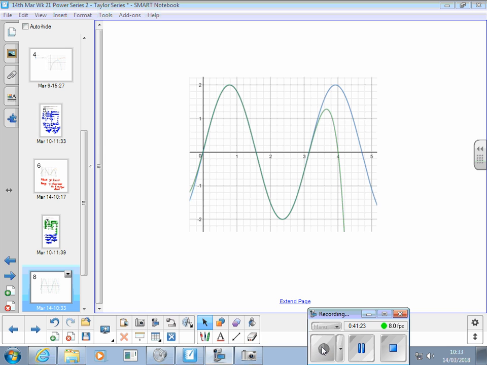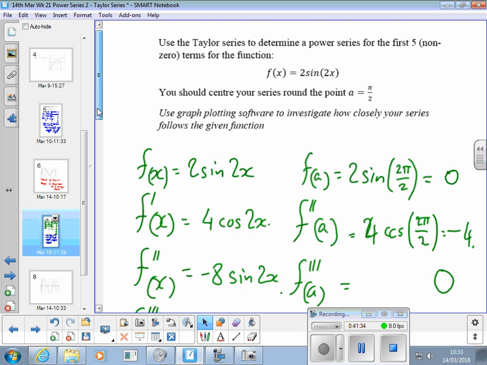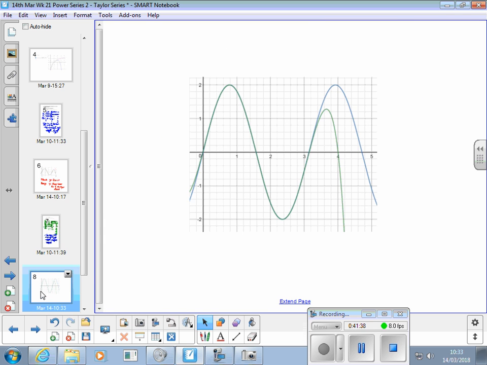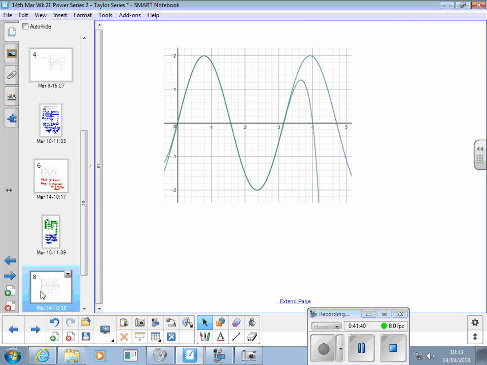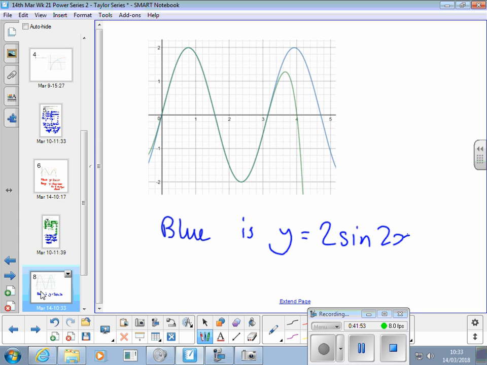So for the video, if we graph that power series against the actual function on here, the blue one is y is equal to 2 sine 2x.